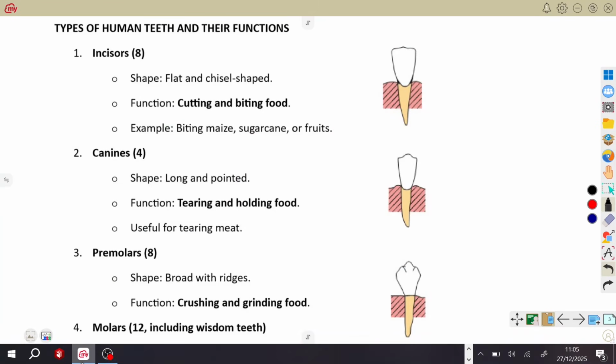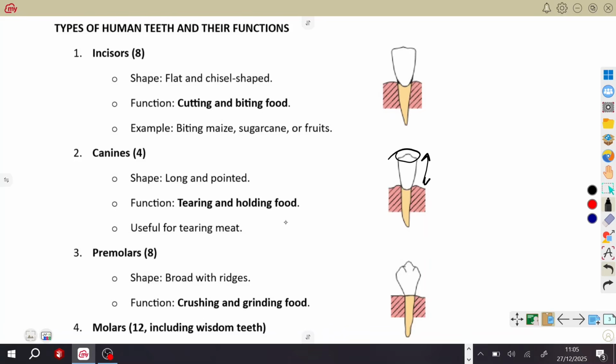So in terms of shape of the canines, we are saying long and pointed. So these are long and pointed. That's how they are. It's a bit longer here and then a bit pointed on top there. Then function, tearing and holding food.